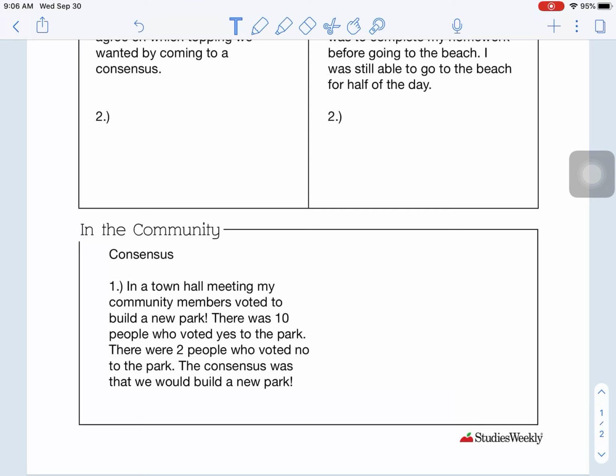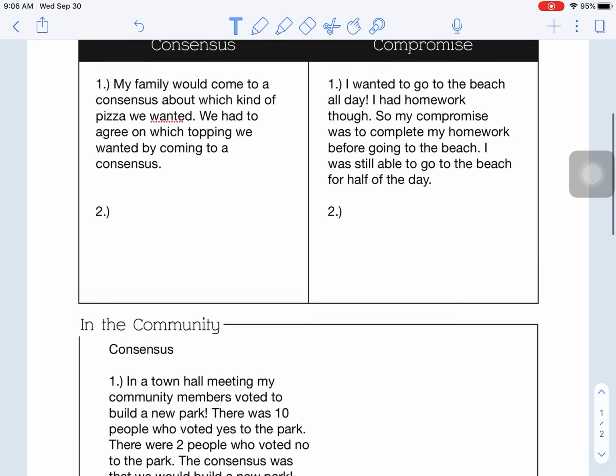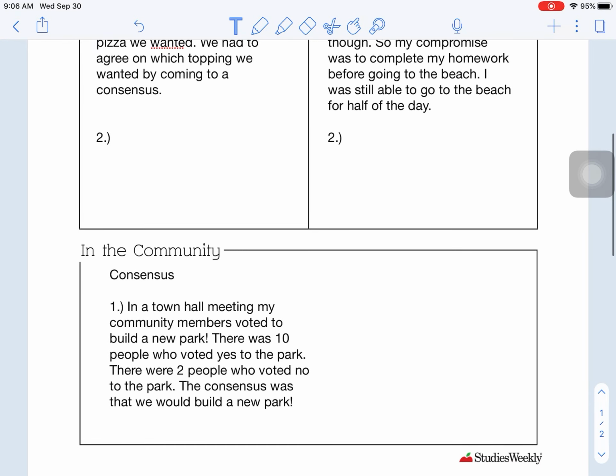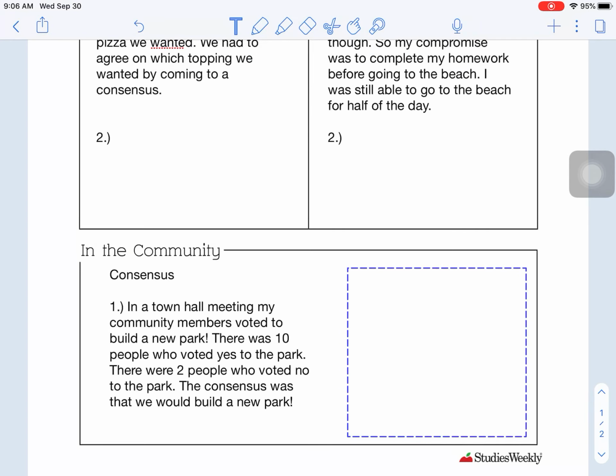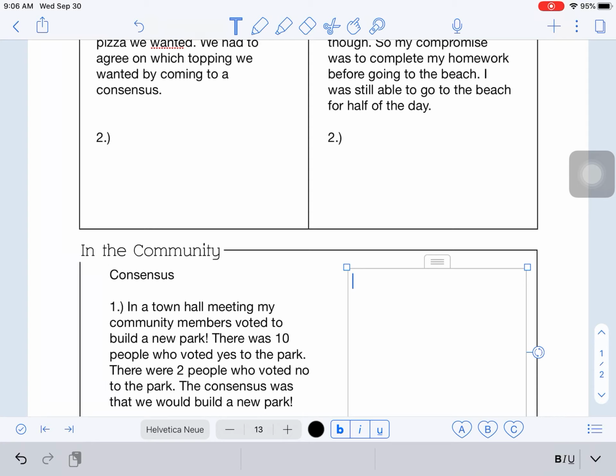All right, so you can pick either to write about consensus or you could write about compromise, whichever one. If you want to do both, awesome. Maybe I want to do both right here and I could do another example, but I'm only asking you to give me one. And please give me at least 3 sentences here, okay?